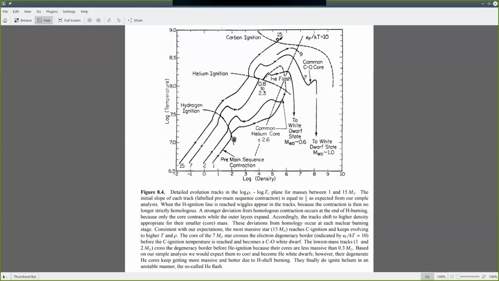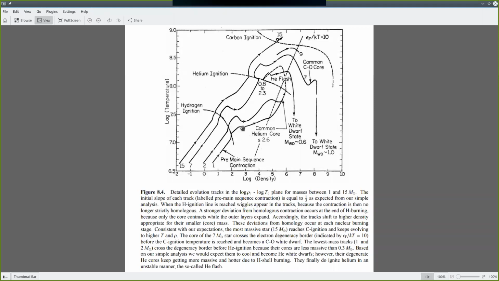And then you can also see, for one solar mass, a small deviation because the contraction when hydrogen burning started is not perfectly expanding and contracting in a homologous way, and we have this more curvy movement.